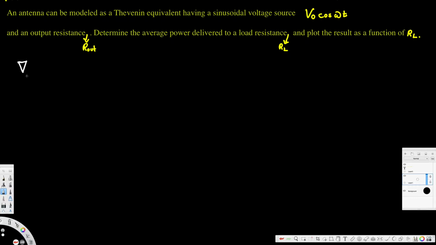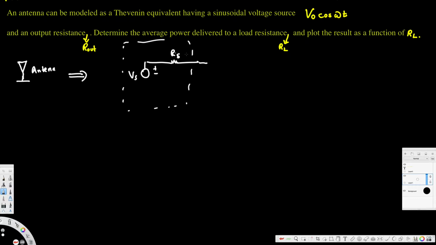So let's say this antenna, and if we draw the Thevenin equivalent model of an antenna, it will look like this. We will have a voltage source right here, and then here we will have a resistance, and this one is the Thevenin equivalent.